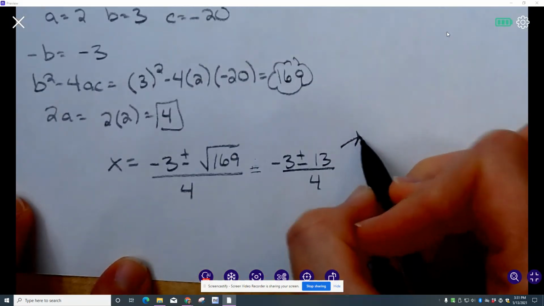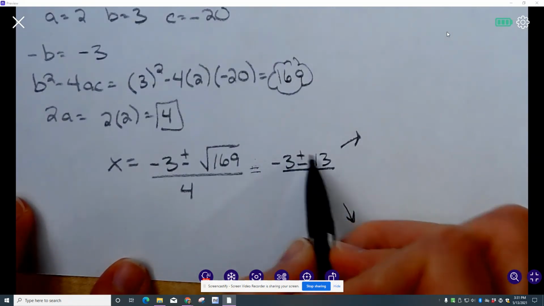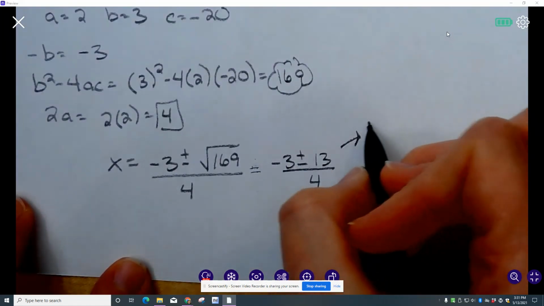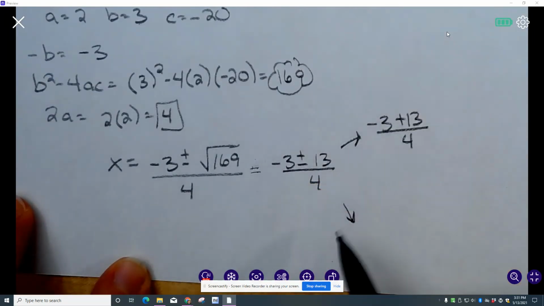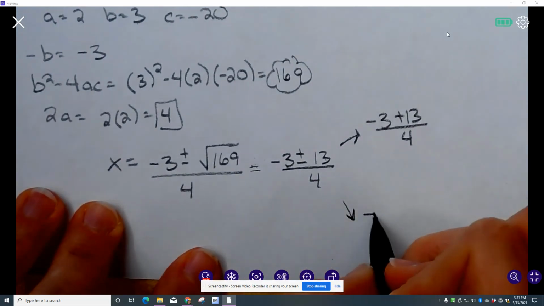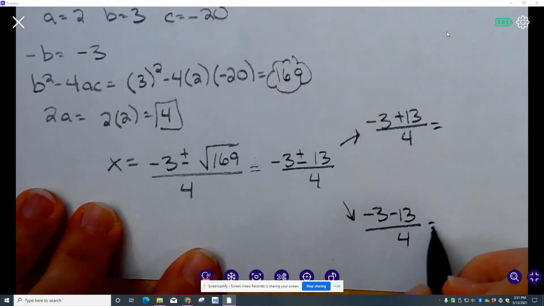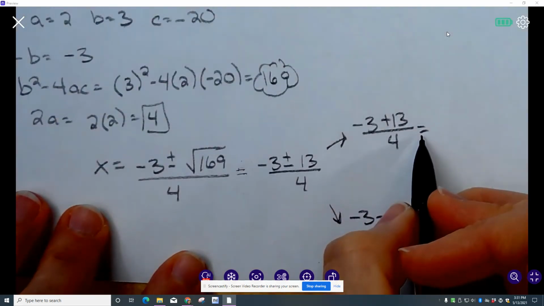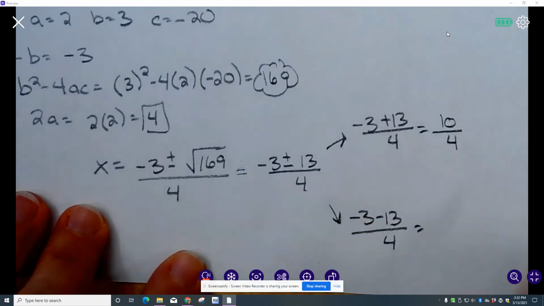Now, two answers here. The first answer will be negative 3 plus 13 divided by 4. The second answer will be negative 3 minus 13 divided by 4. Okay, simplify your numerator first. Negative 3 plus 13 is positive 10 over 4.